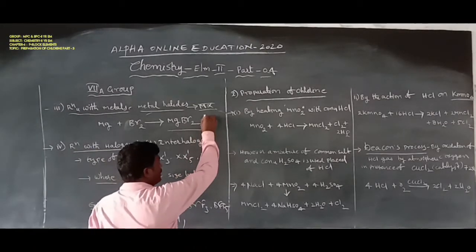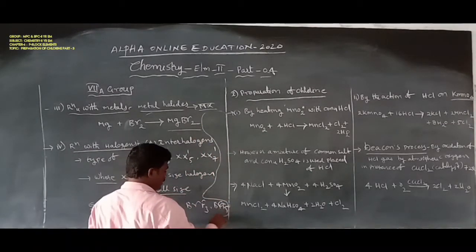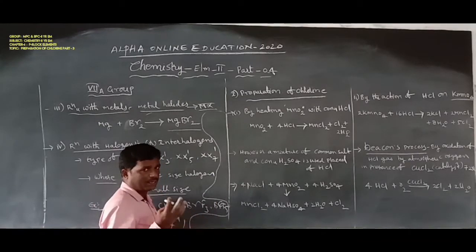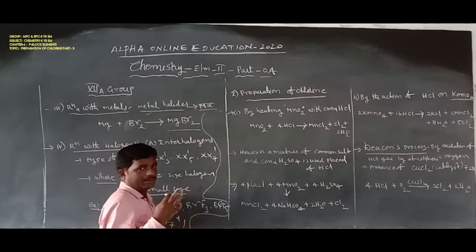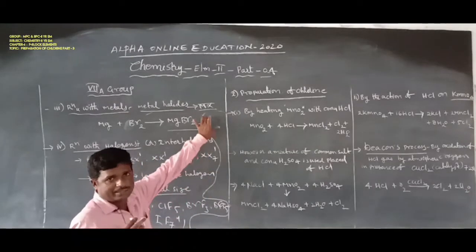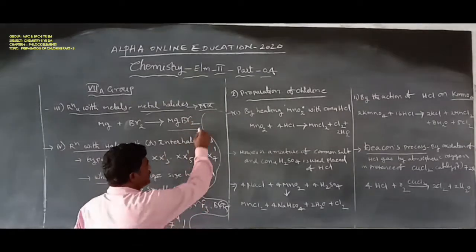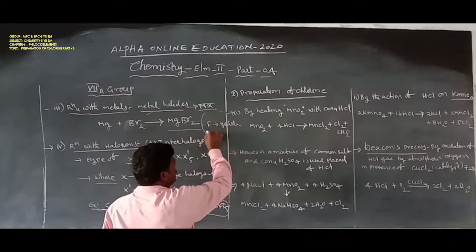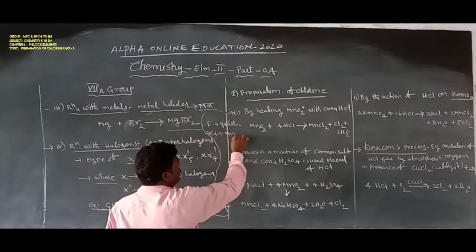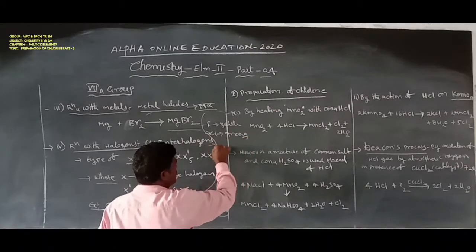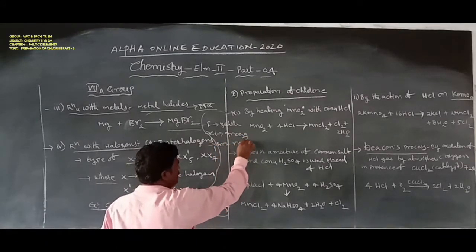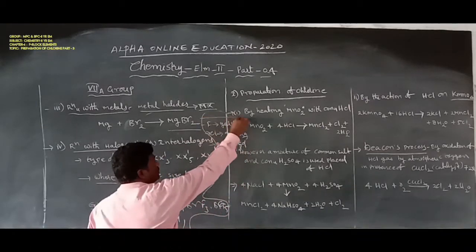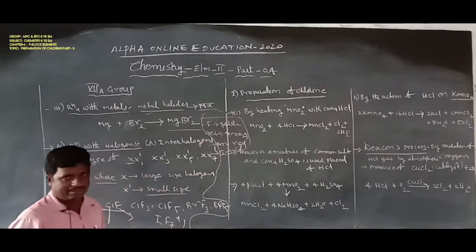All halogen elements exhibit color by absorbing UV radiation. For example, fluorine exhibits yellow color. Next one, chlorine exhibits greenish yellow color. Bromine is red. Iodine is violet. That is the color properties of the 7A group elements, or halogen elements.